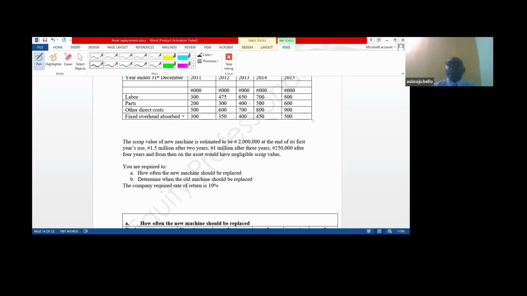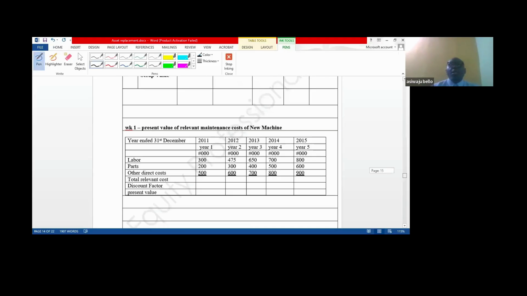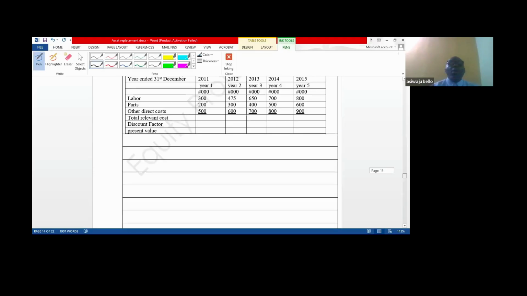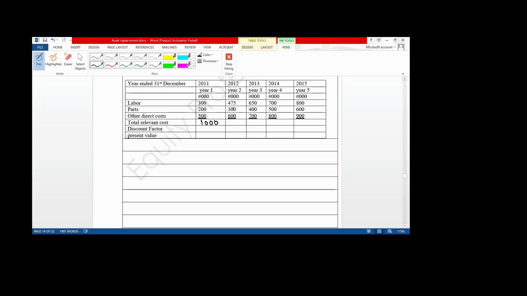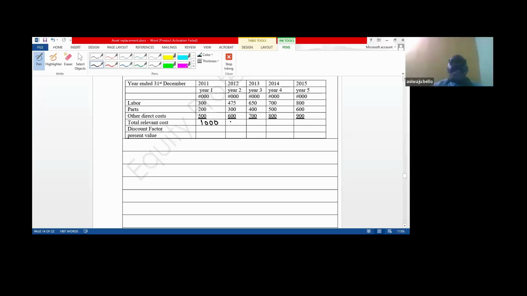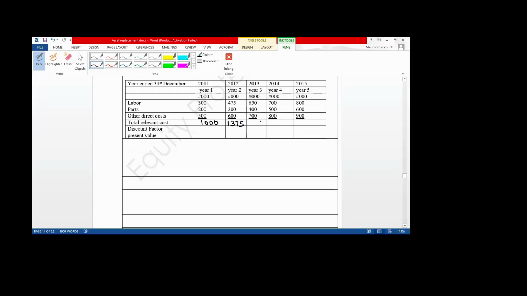Let us move to working one. Please sum up. Labor cost 300 plus 200 plus 500. This will give me 1,000 for year 2011, that is year one. Year 2012, please sum up. 1375.